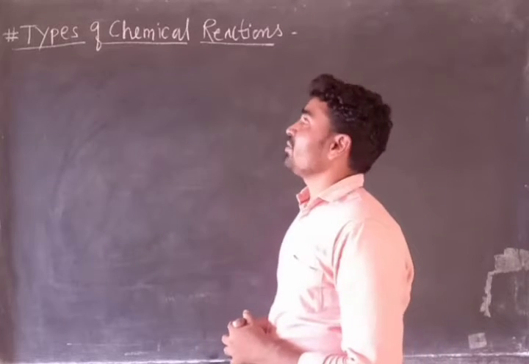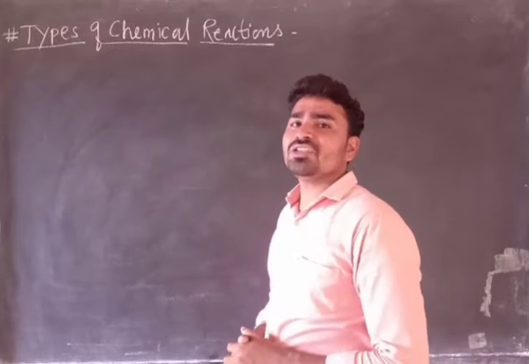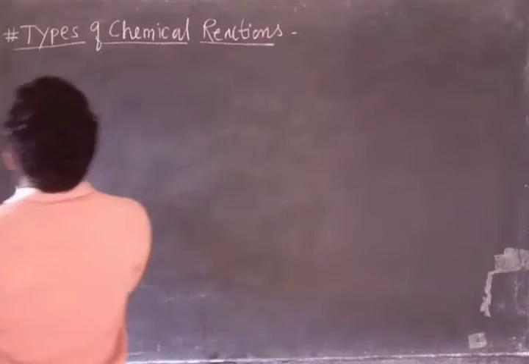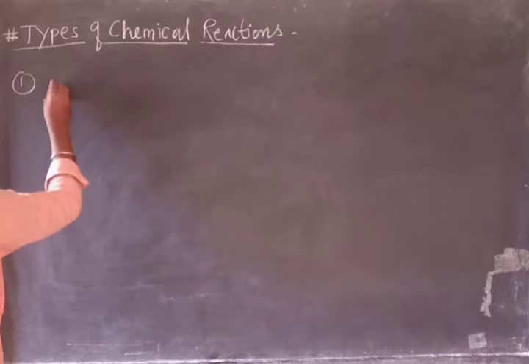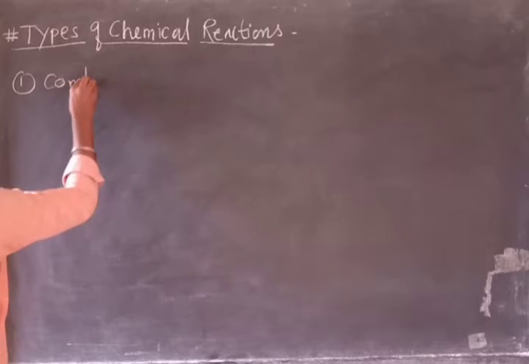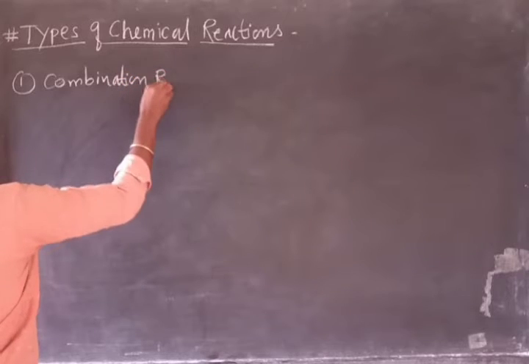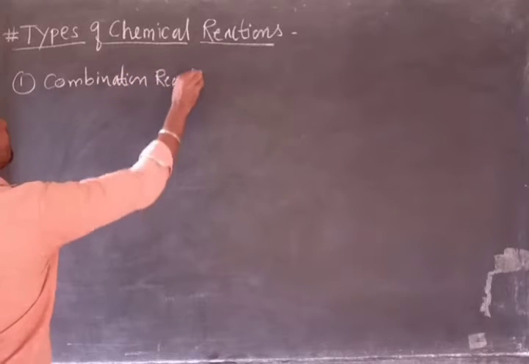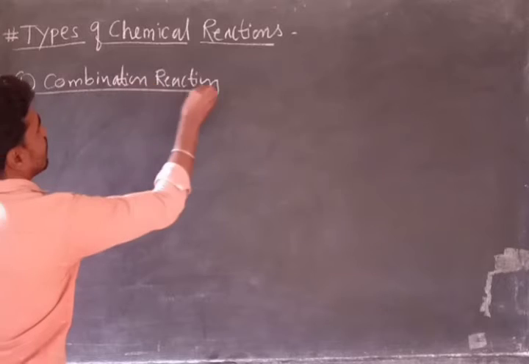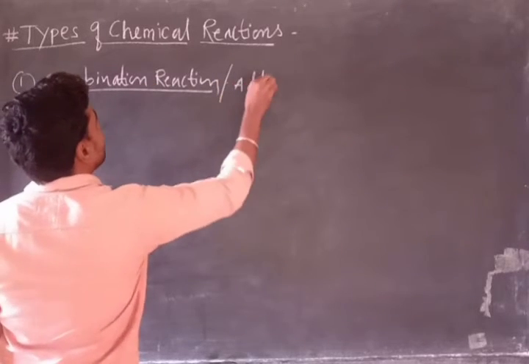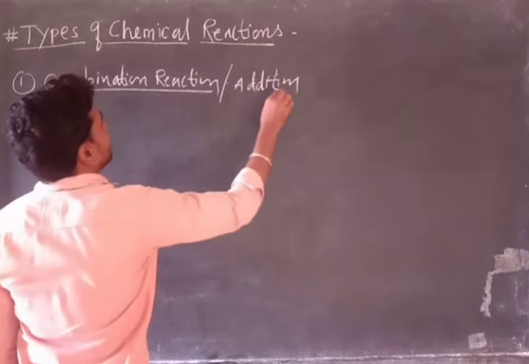The first type is the combination reaction. What is a combination reaction? One by one we will learn the different types of chemical reactions.